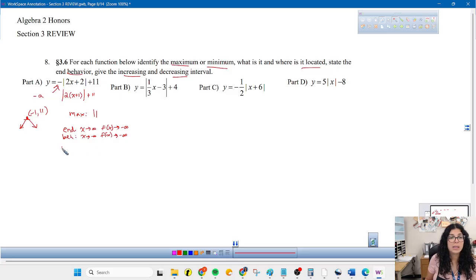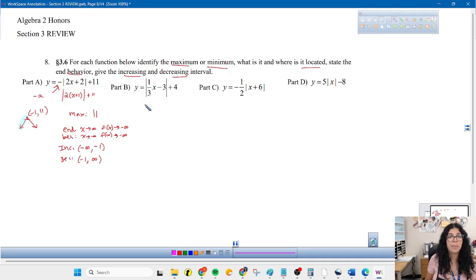Lastly, the increasing and decreasing. So the increasing part would be the left side of the graph, and the decreasing part is going to be the right side. So the increasing part is from -infinity till the x value of the vertex, -1, and the decreasing is the right side, from the -1 to the arrow on the right.